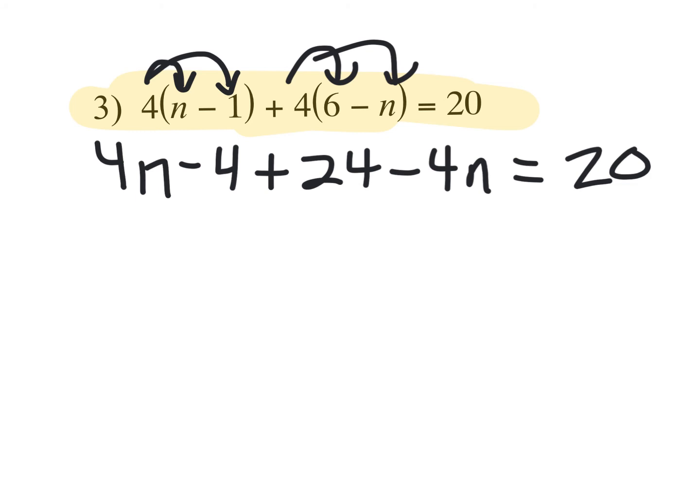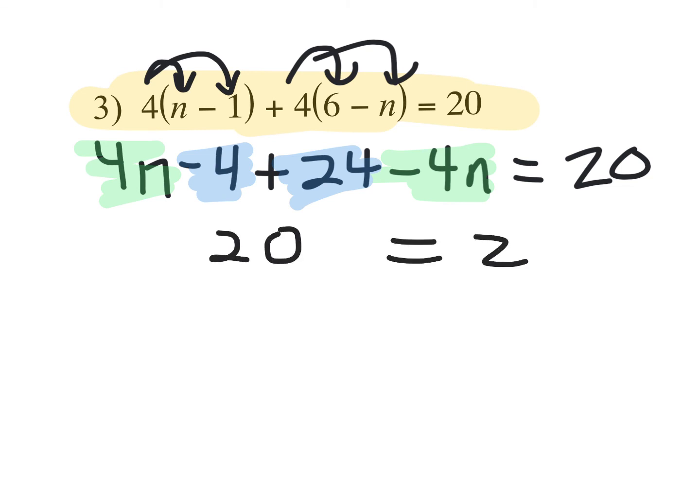Looking on the left-hand side, again, I've got a 4n and a minus 4n. 4n minus 4n means you don't have any more n's, right? I don't need to write 0n or anything like that. I'm just going to say, oh, no more variables. Negative 4 plus 24. What's negative 4 plus 24? 20.